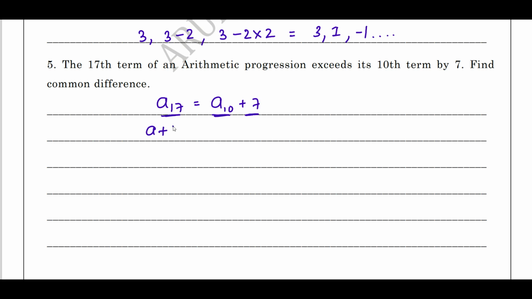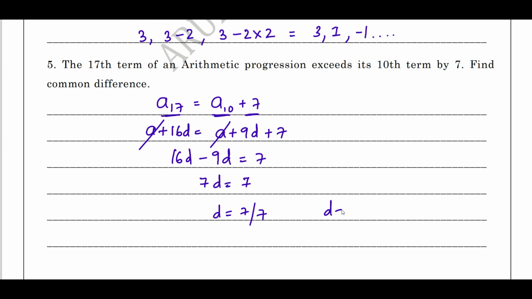That is a plus 16d. What is a10? a plus 9d. Now a on LHS and RHS will cancel. Now 16d, shift 9d to LHS, becomes minus 9d, equals 7. 16d minus 9d is 7d equals 7. d equals 7 by 7. We get d equals what? 1.